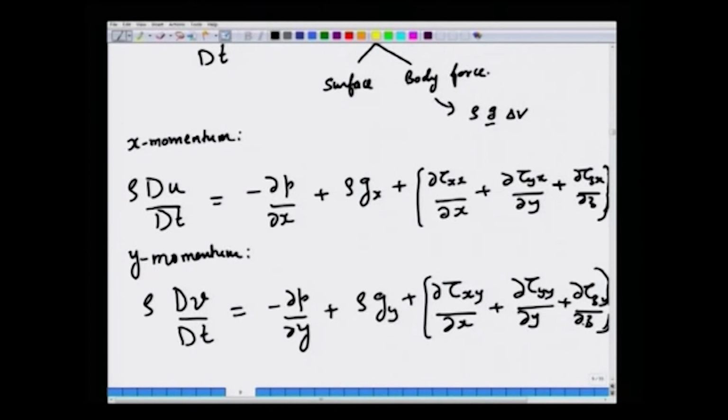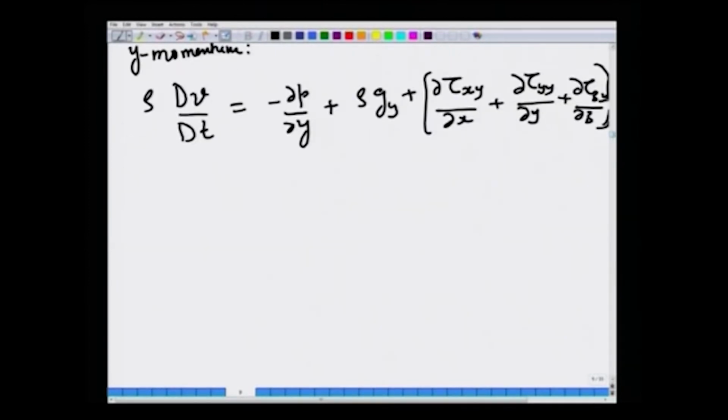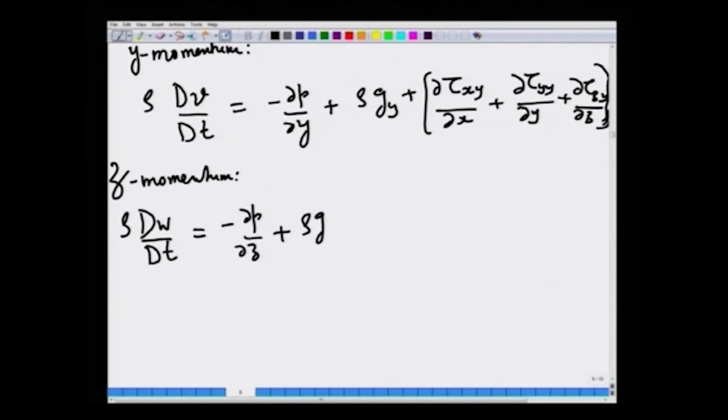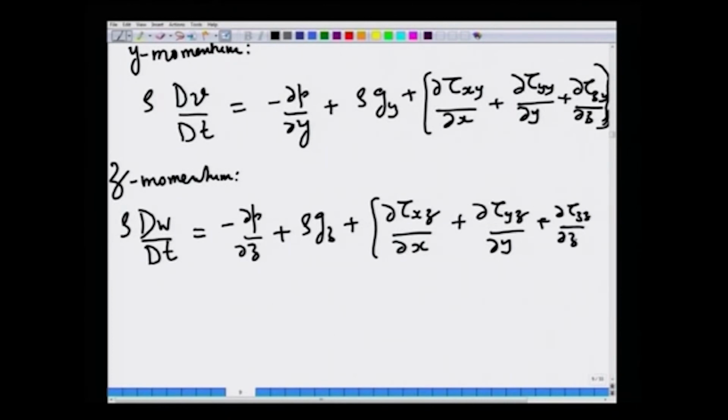And we finally have the z component of the momentum equation, rho times substantial derivative of the z component of velocity with respect to time is minus partial p partial z plus rho g z plus partial tau x z by partial x plus partial tau y z by partial y plus partial tau z z by partial z.